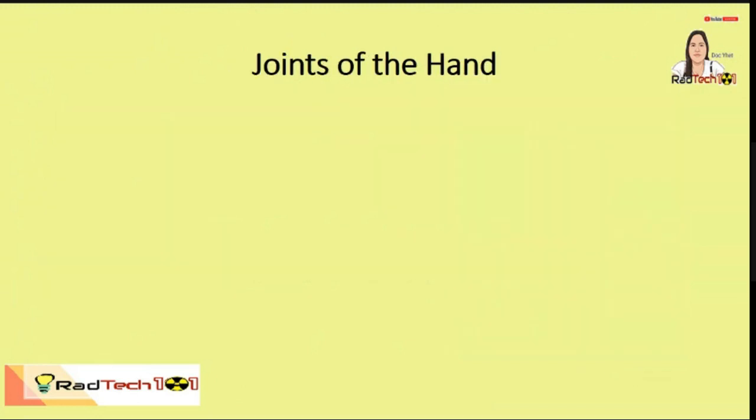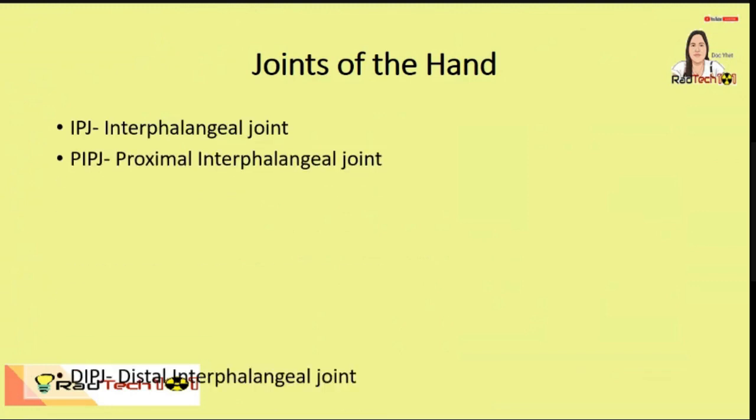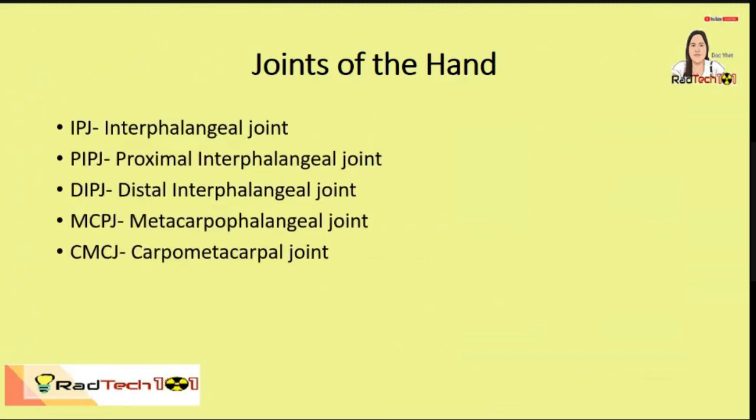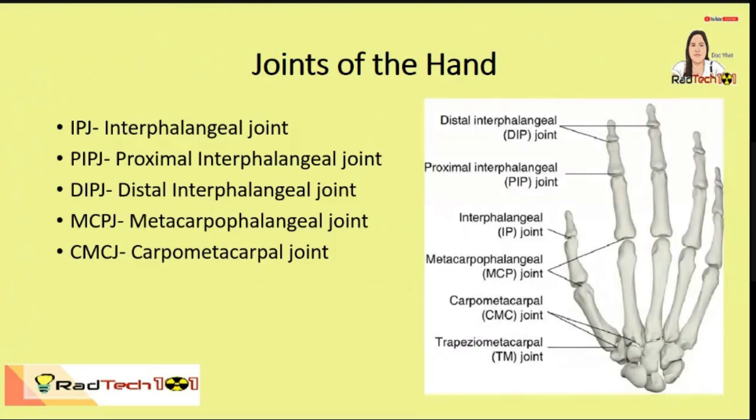So we will be talking also about the different joints of the hand, which we will be using these terms as we go along with our examinations sa digits, sa wrist, sa hand. So we have this para mas maintindihan. So later, when I say IPJ, it is interphalangeal joint.